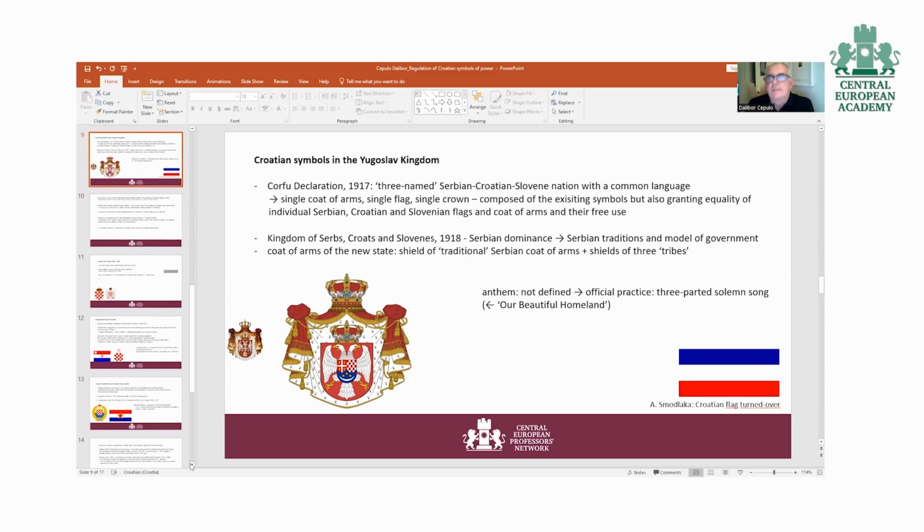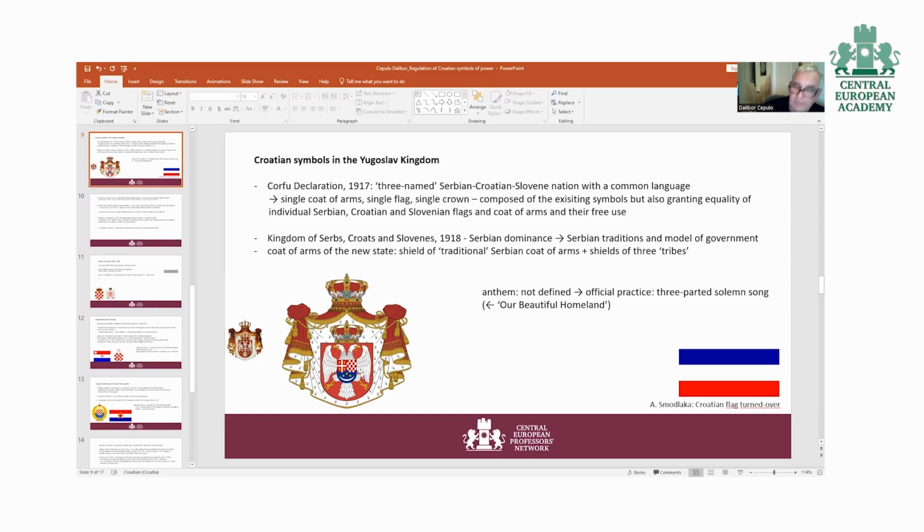This three-parted single nation was always a little bit paradoxical. What was certain was that the country was based on Serbian dominance, Serbian traditions and model of government, which could be seen in the outlook of the coat of arms of the new state, which almost completely followed the outlook of the Kingdom of Serbia.